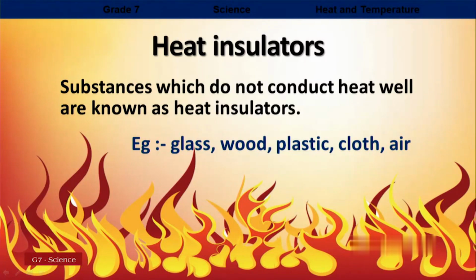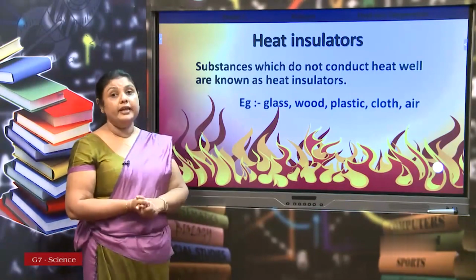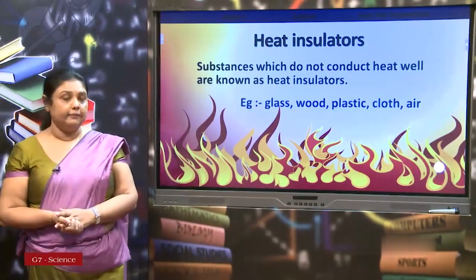So, they are known as heat insulators or poor conductors. What are those? Glass, wood, plastic, cloth, air. They cannot pass heat from one place to another place easily.